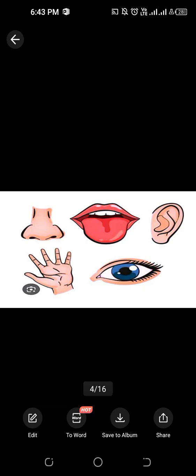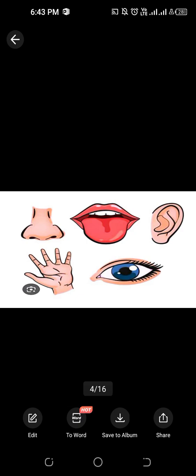These are the five basic senses that we are going to discuss: the sense of smell, the sense of touch, the sense of hearing, and the sense of seeing.